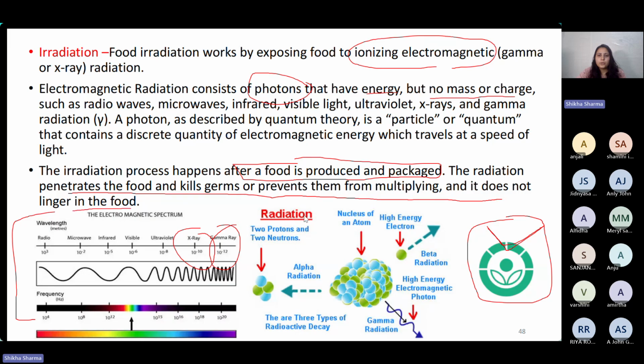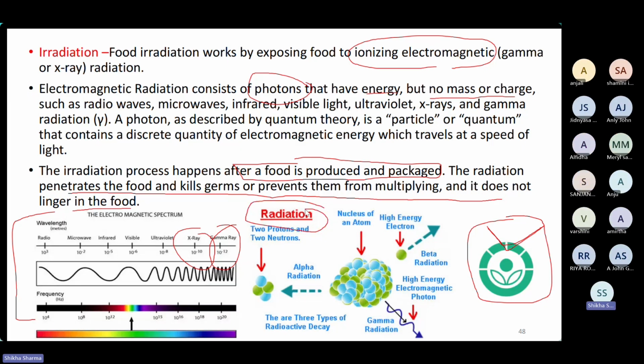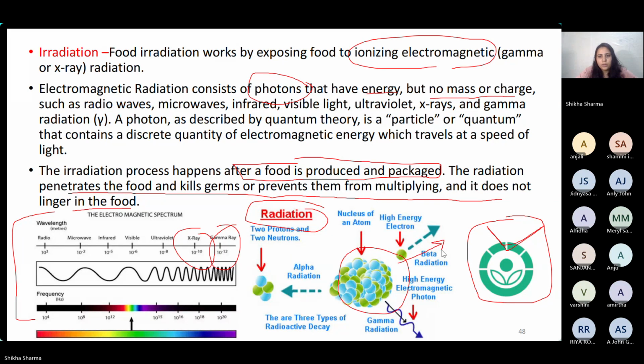So how is irradiation formed? This is the nucleus of the atom. From this, high energy electrons are produced and beta radiation is produced, and high energy electromagnetic photons are produced.